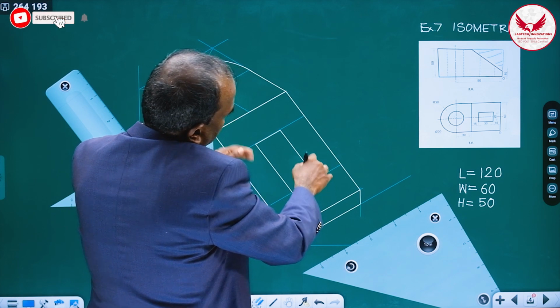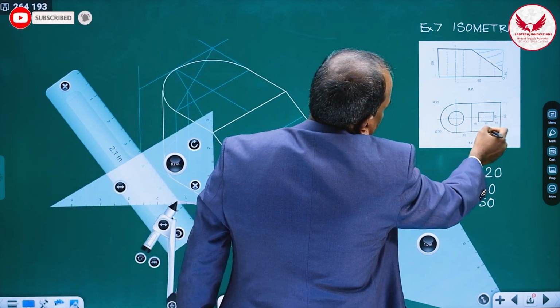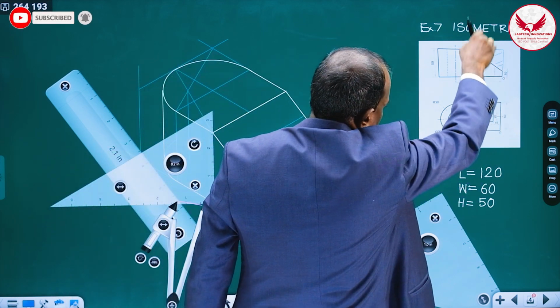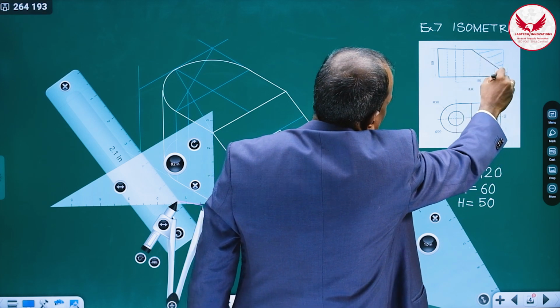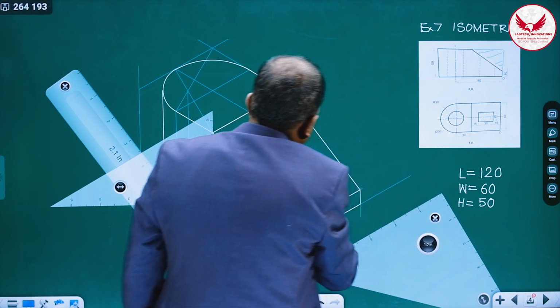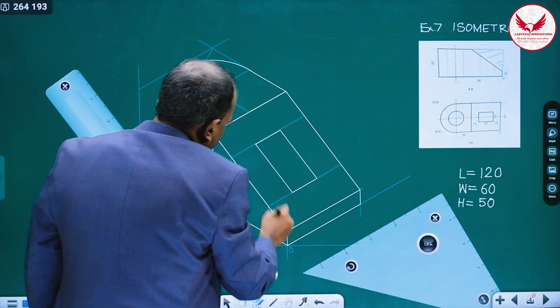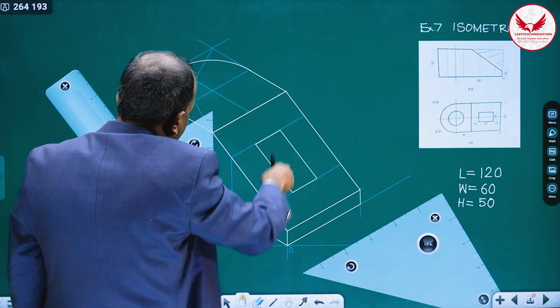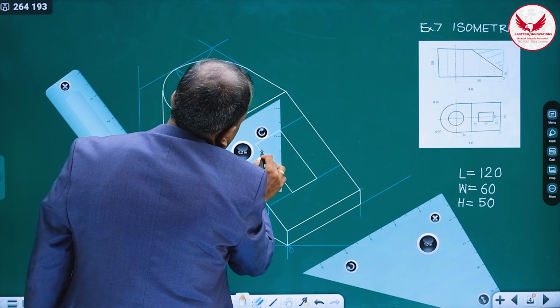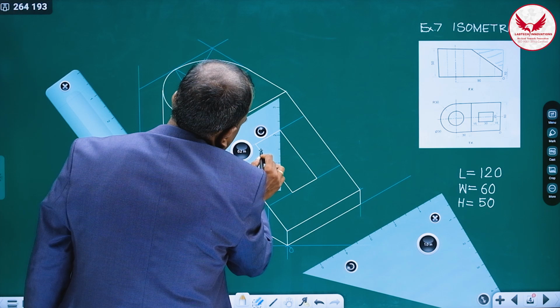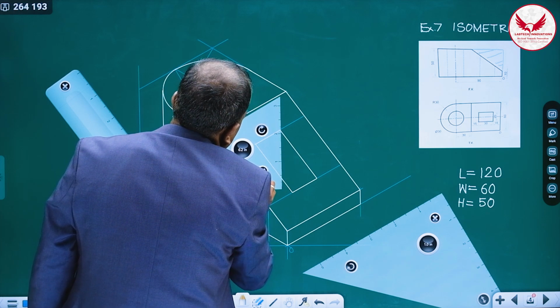Then this rectangular slot, it is throughout, but it has 4 edges. Out of 4 edges, 1, 2, 3. So this edge will be hidden, this edge will be hidden, and as it is a slot, this edge will be visible.